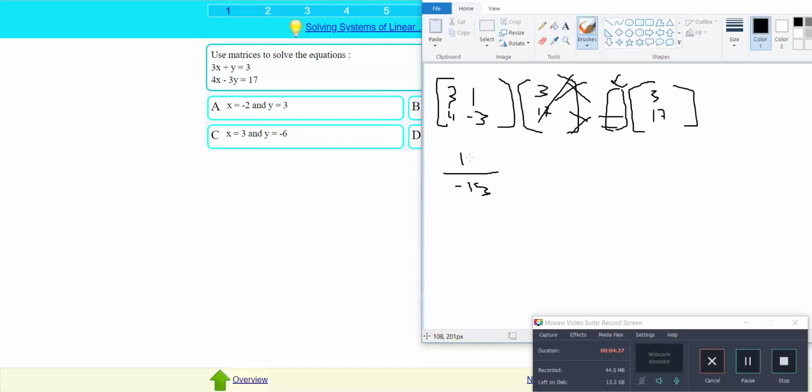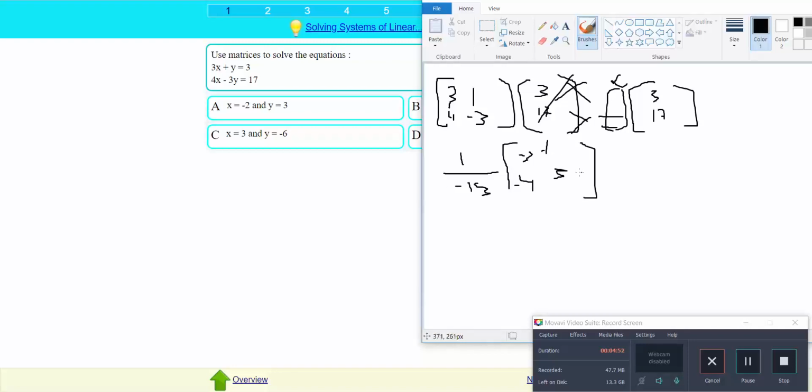This is minus 9, minus 4. Okay, so multiplied by 1 over 13 multiplied by, so it's minus 3, 3, 1 and 4. This becomes negative, negative.